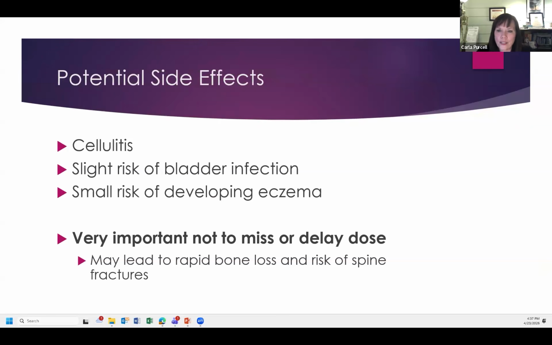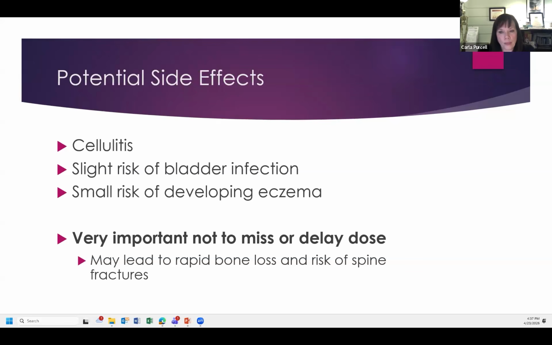With denosumab, like I've said, it's really important that you don't miss or delay a dose. So unlike the bisphosphonates, which we've already talked about, the denosumab doesn't bind to your bones for a long time, and it's gone from your body after about 7 months. And this can lead to a rapid loss of the good effects that it has on your bones, and really increase the risk of having spontaneous compression fractures in your back.